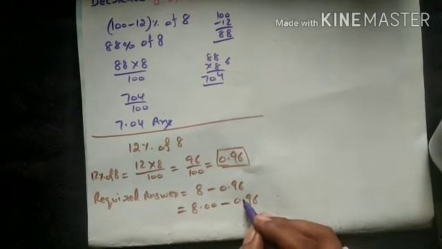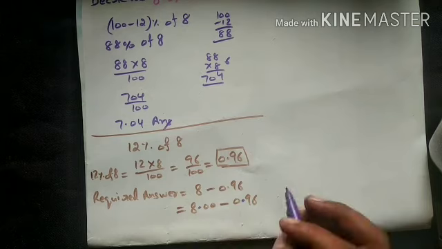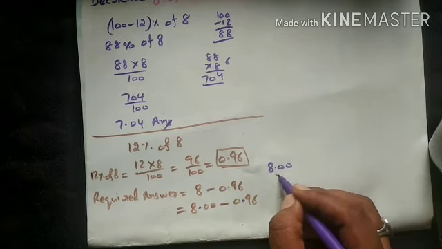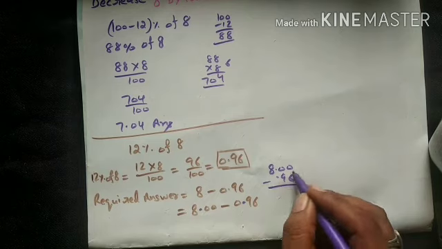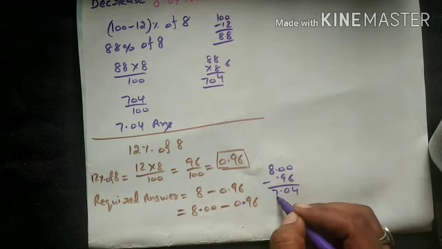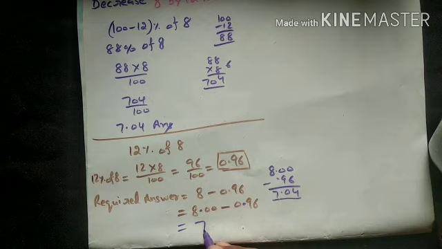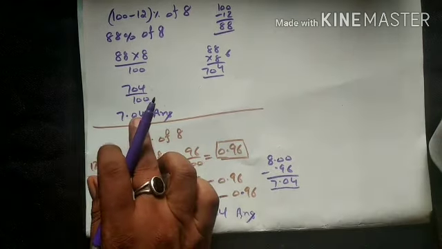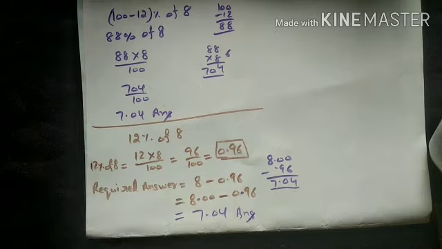So you can see, 10 minus 6, that is 4. 9 minus 9, that is 0, and this is 7. So you may see 7.04 is the answer. The answer is the same as we found in the first method. Okay student.